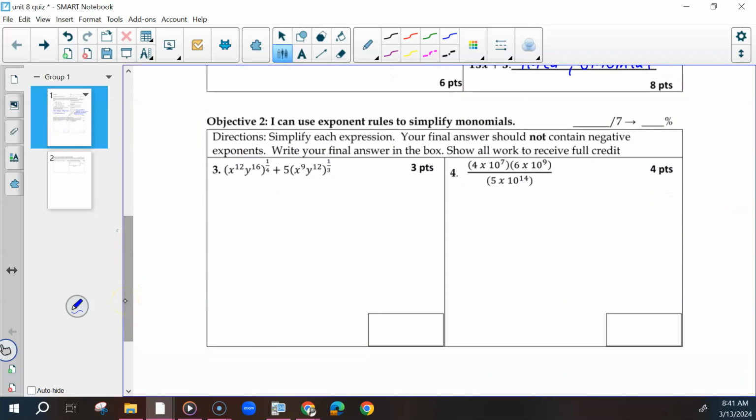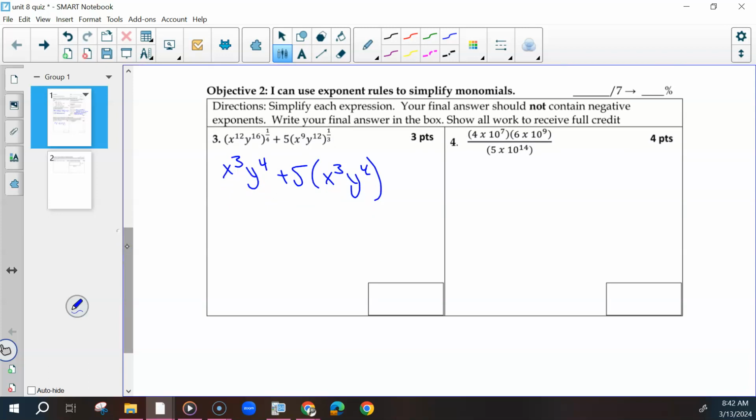Then, some of you did not make this mistake, but some other classes did, so I'm just going to talk about it in general for all classes. What should have happened here is multiply the exponents together to get x to the third, y to the fourth. And then same thing here on the inside.